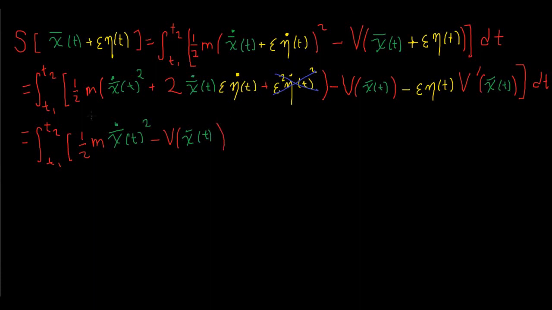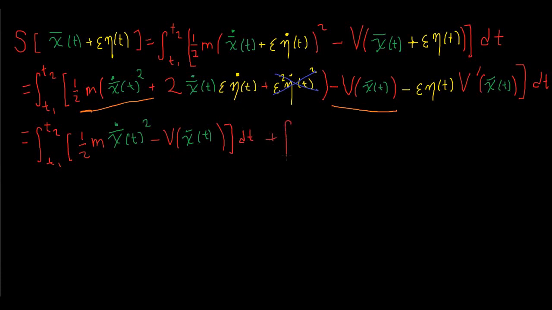So right now, I just took this term and I took this term. I put them here, right? And actually, I'm going to write dt here. You'll see why I'm doing this in a second.